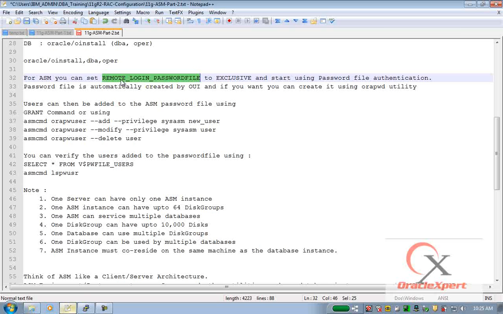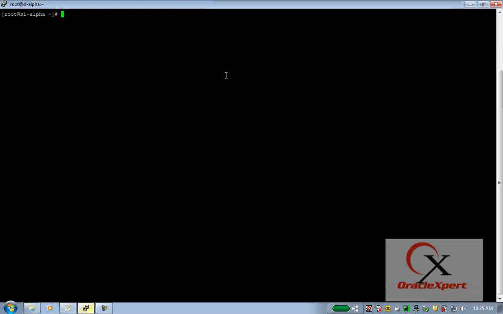So here I am on the server. I am logging myself in as oracle. Since I do not have the environment file, I would try to set this for the first time.